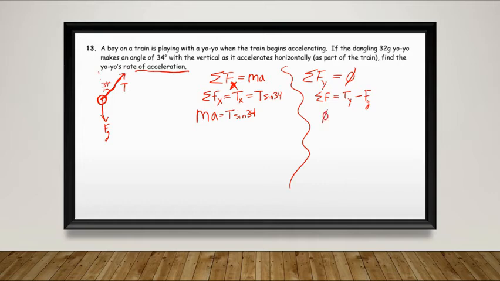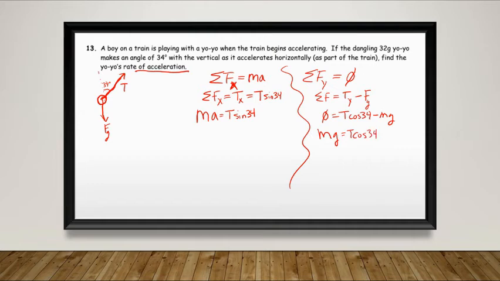So 0 is equal to tension cosine 34 minus mass times gravity. So we end up having that mass times gravity equals tension cosine 34.